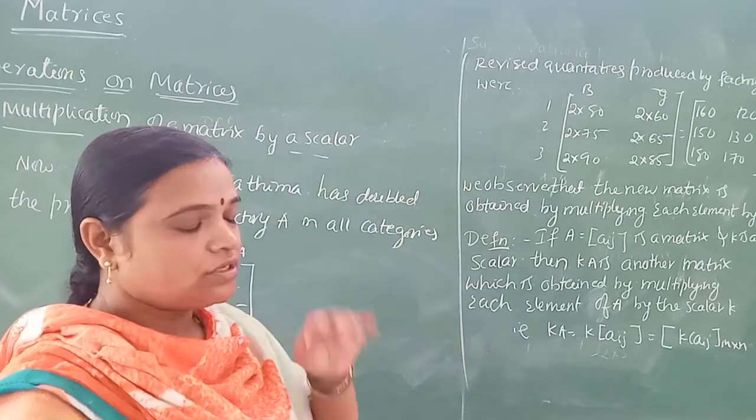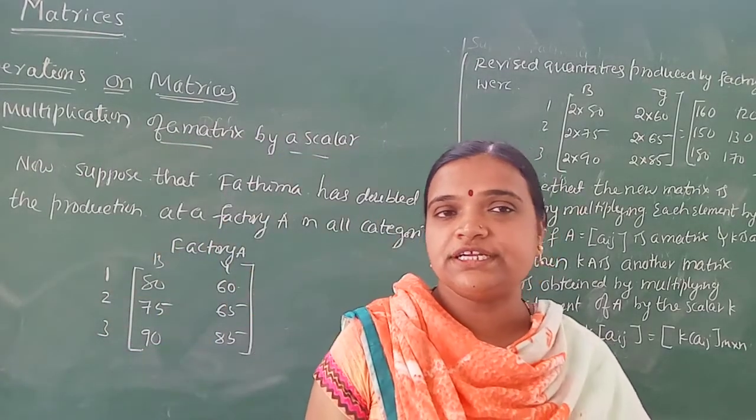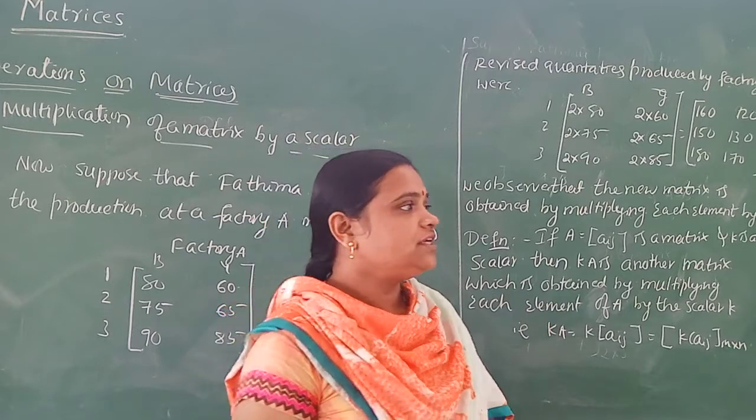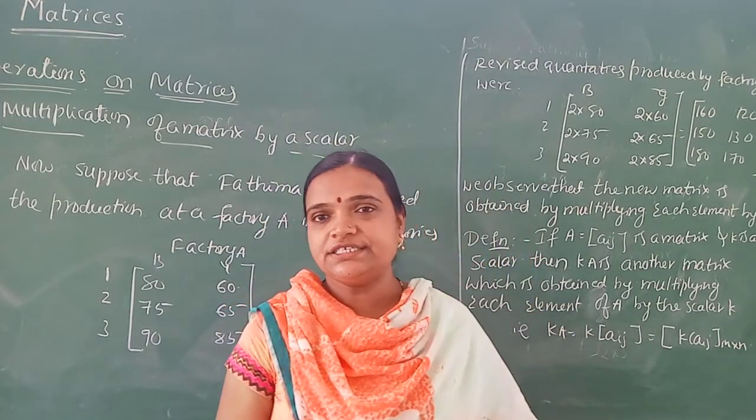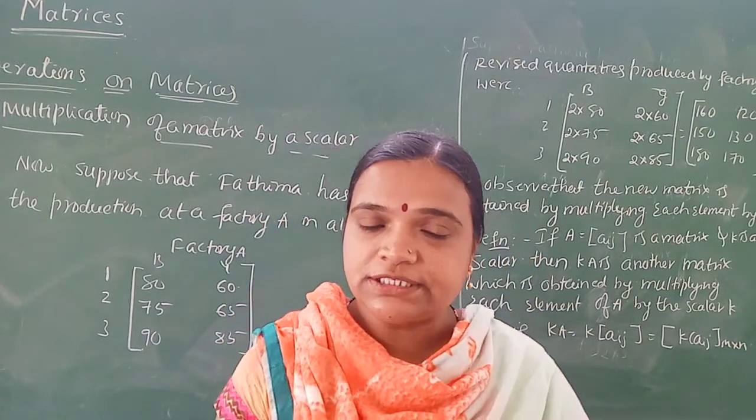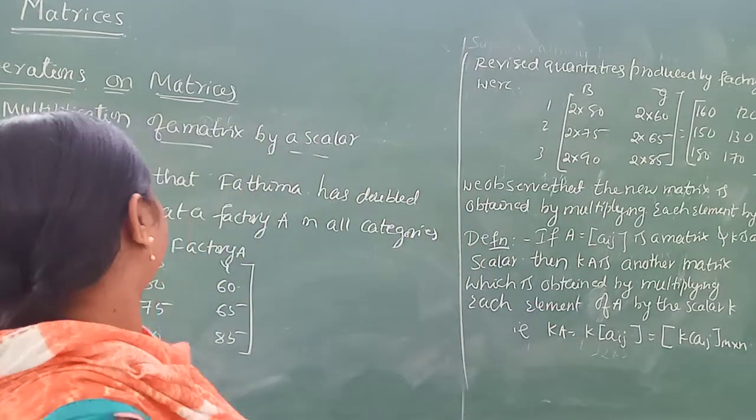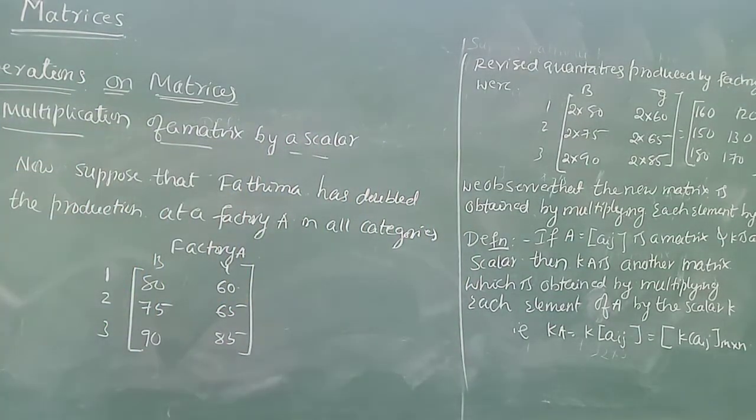who produces sports shoes for boys and girls, and labeled the different categories 1, 2, 3, I will continue the same example with multiplication of a matrix by a scalar.